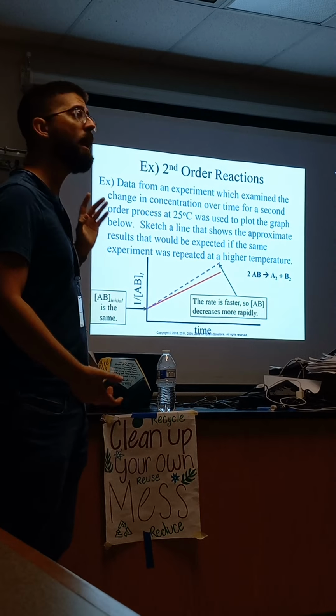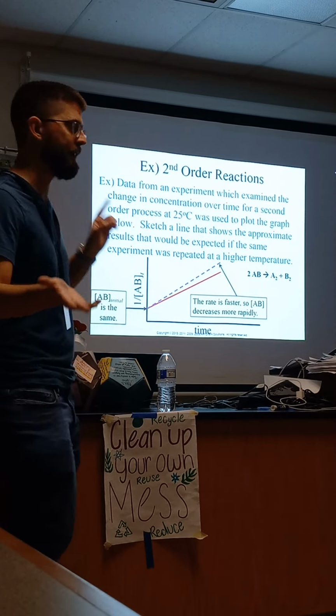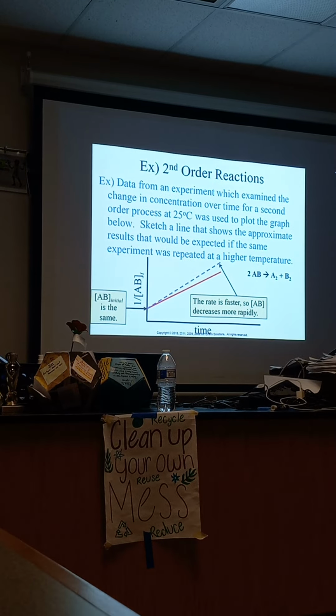But it's not the concentration of the reactant on the y-axis. What's on the y-axis, guys? 1 over. So when you are decreasing something, but it's 1 over it, you are actually going up, and that's why second order plots typically go up. So just understand, second order plots go up because it's 1 over your molarity, because it's 1 over the molarity of the reactants that are normally going down.